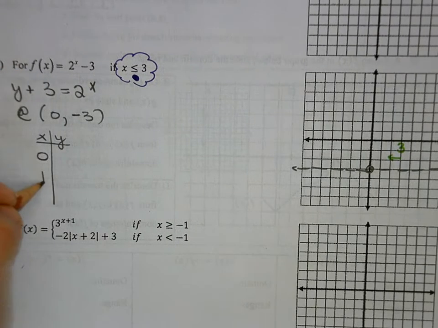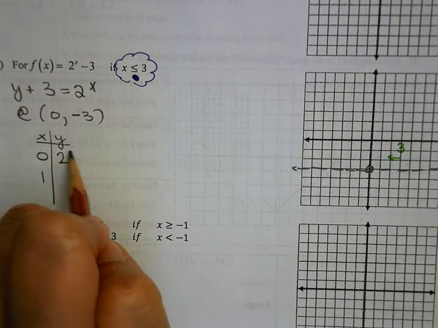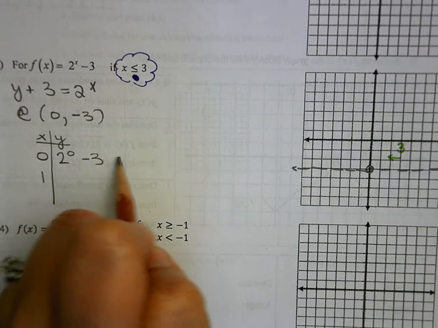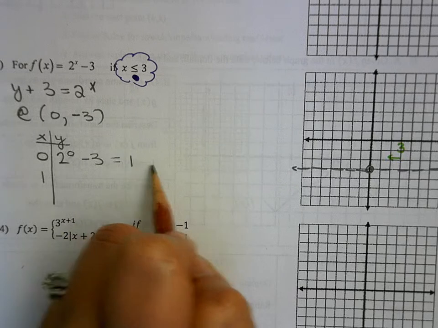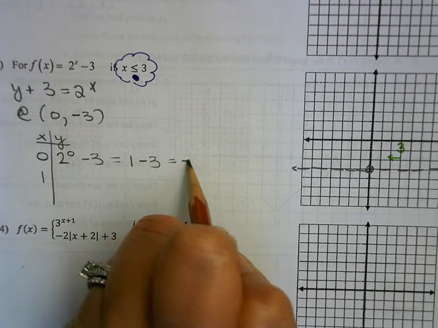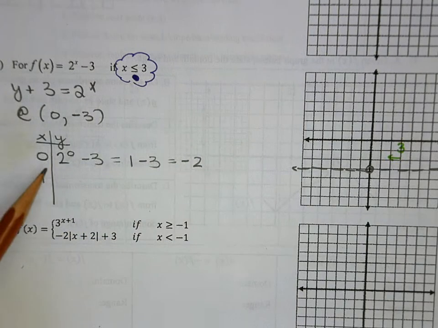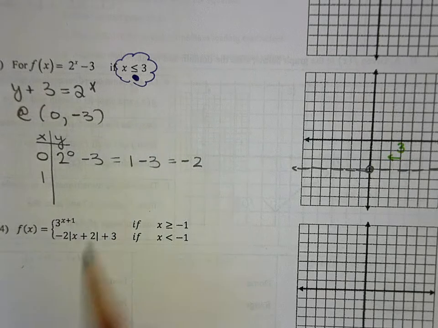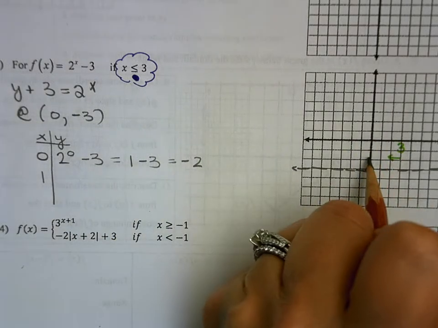So I'm going to substitute in 1 as well. I'm going to go to the original equation and replace the value of x with 0. So I will have 2 to the 0 minus 3. 2 to the 0 is 1, and then 1 minus 3 is -2. So the ordered pair I'm graphing is 0, -2. Over 0, down 2.